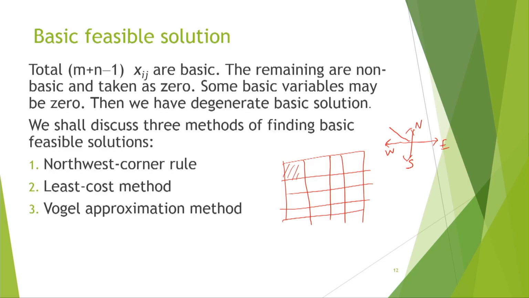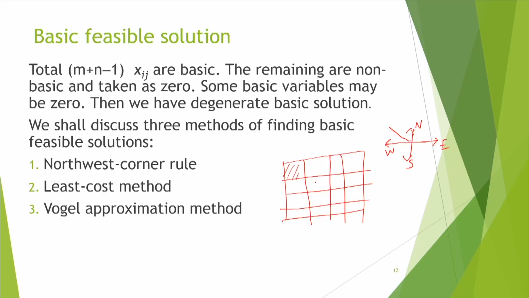Then we have the Vogel approximation method, which is based on some type of penalty that will become clear to you. From the next class I will be discussing these methods to make the initial basic feasible solution, and we will start from the north-west corner rule.